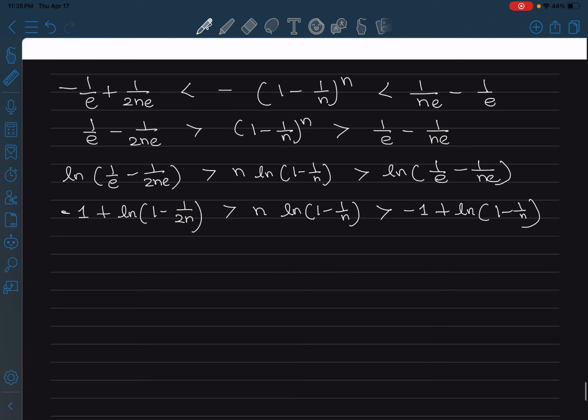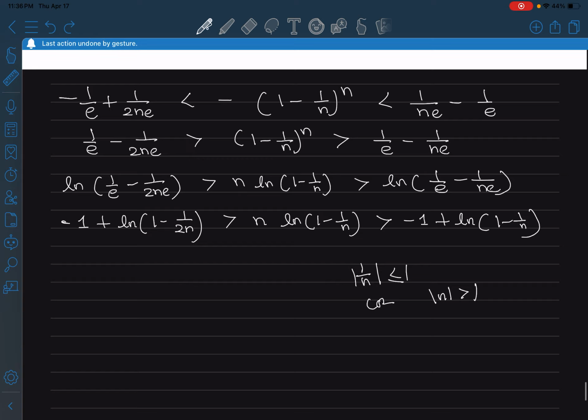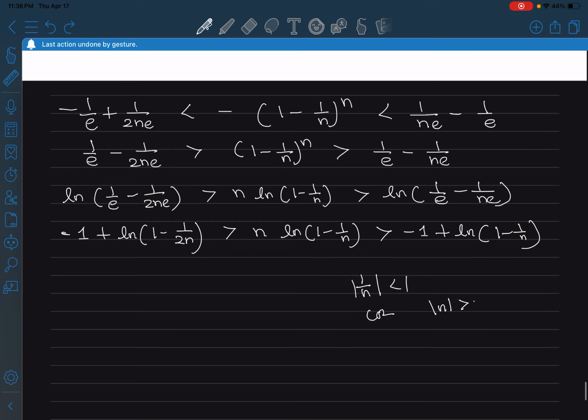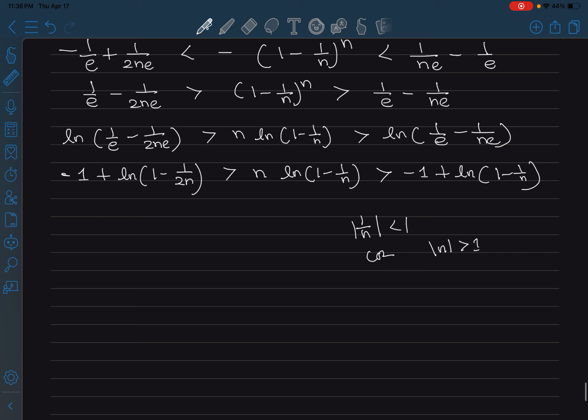Now you can use the Taylor series for log because we know that 1/n will be less than 1, since the modulus of n is greater than 1. Actually there's a strict inequality, because it says that n is greater than 1. So because of that we can use the Taylor series, because it's less than 1.